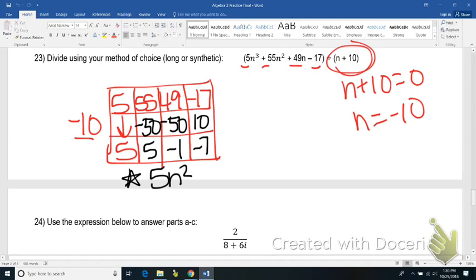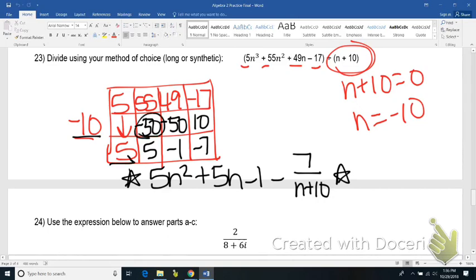Okay, so you take the 5 times negative 10, right? Next, what do you do? Okay, so you do negative 10 times 5, which is negative 50, and it goes here. And then you add coming down. So 55 minus 50 is 5. So then you would take the top, the 55. No, you go back out here.